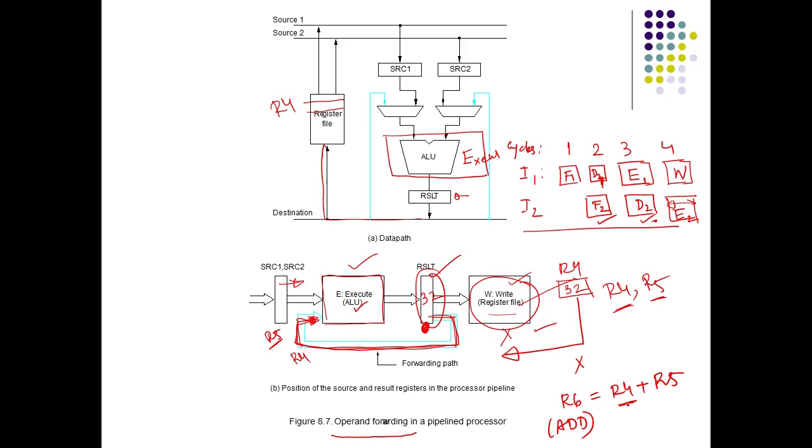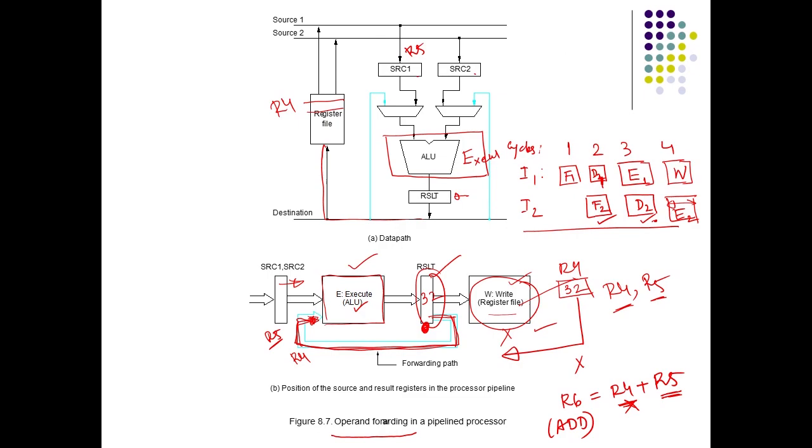It realizes that they are R4 and R5, and there should be a unit to understand that R4 is actually dependent on the previous result. So what will it do? It will not take the result of R4. However, R5, whatever the value of R5, will come from one of the registers. Let us say R5 is coming here, and then it realizes there is a dependency.